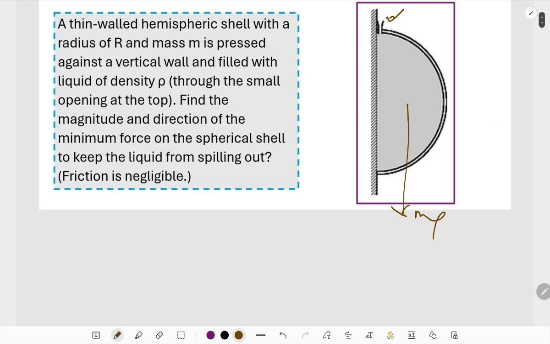The weight of the liquid you would write as density times volume times g. The density of this liquid is rho, and its volume is given by 2/3 pi r cube, multiplied with g, and you will get the weight of the liquid.